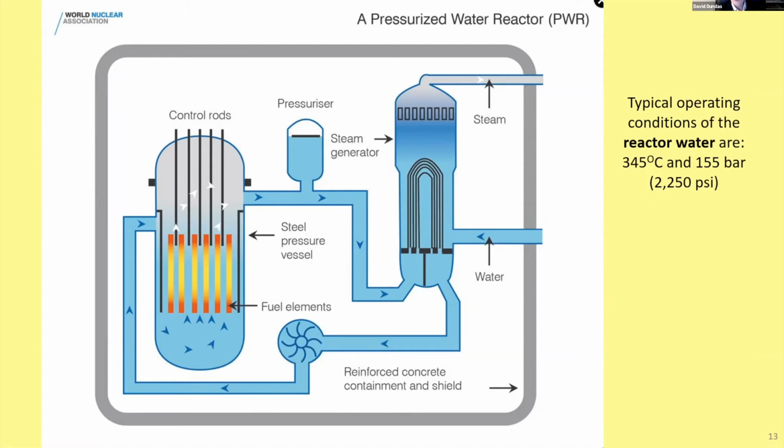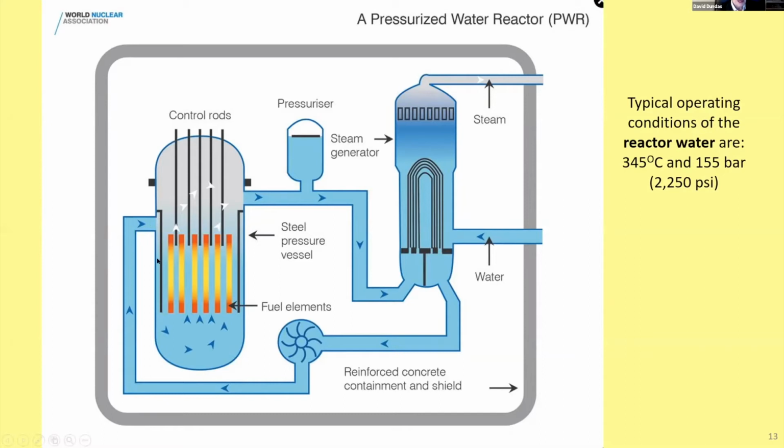It needs to be under high pressure to keep it from boiling. It's liquid water at 345 degrees Celsius and a pressure of 155 bar, which is just over 2,000 pounds per square inch. So the water flows up along here.